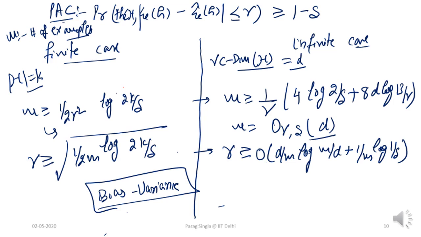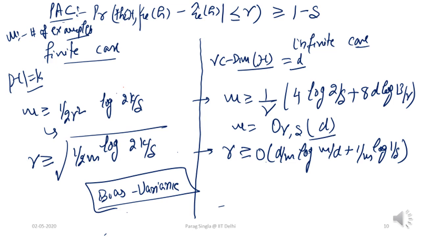In the case of finite hypothesis classes, where, as written on the left side of the slide, the size of the hypothesis class is k, we described the relationship between m, the number of examples, gamma and delta, which are the parameters in this bound, gamma being your error threshold and 1 minus delta denoting your confidence, and also k, which is given to you.